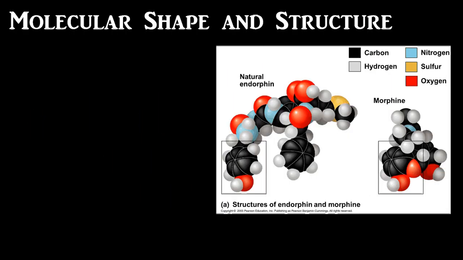Okay, molecular shape and structure, super important. We talked earlier about function and form in biological systems. Same works for molecular shapes. They're all going to have a certain structure, and based on their structure have a certain function that helps. So remember, with the molecular shape, most are linear.